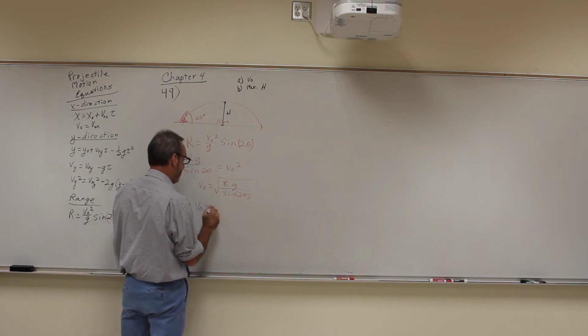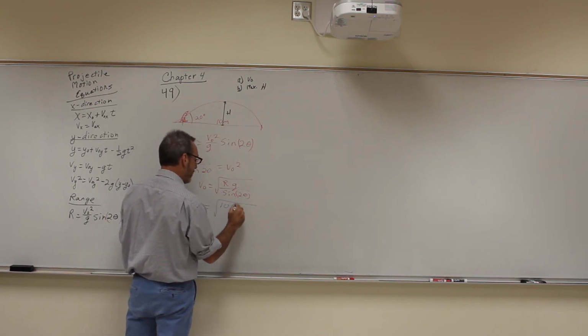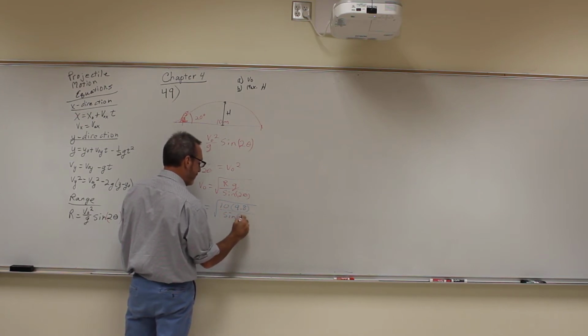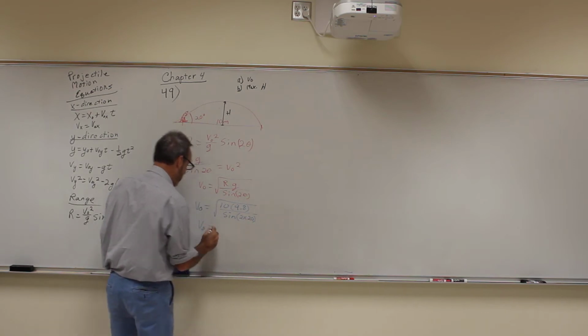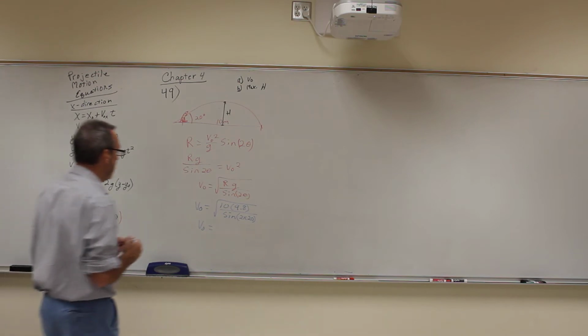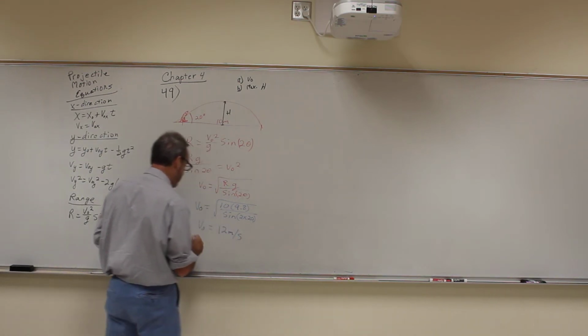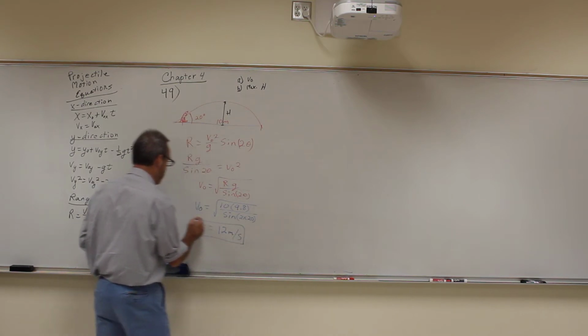So V naught is just going to be the square root of the range is 10 meters times 9.8 over the sine of 2 times 20. When you do that, you get that its initial velocity is 12 meters per second. So that's the answer to part A.